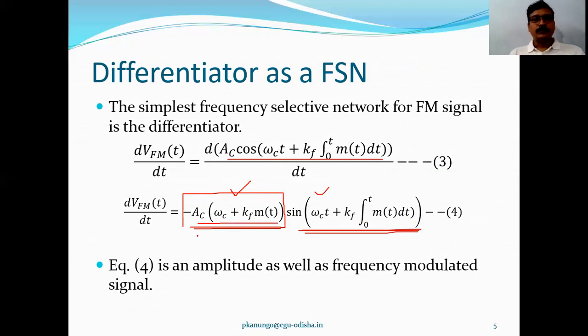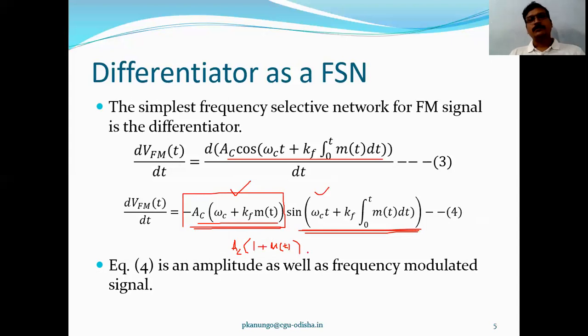And the amplitude of the signal, if you remember the amplitude modulation, is Sc into 1 plus m(t), and then into sine omega ct. You can use a cos omega ct, whatever, there is a carrier term.